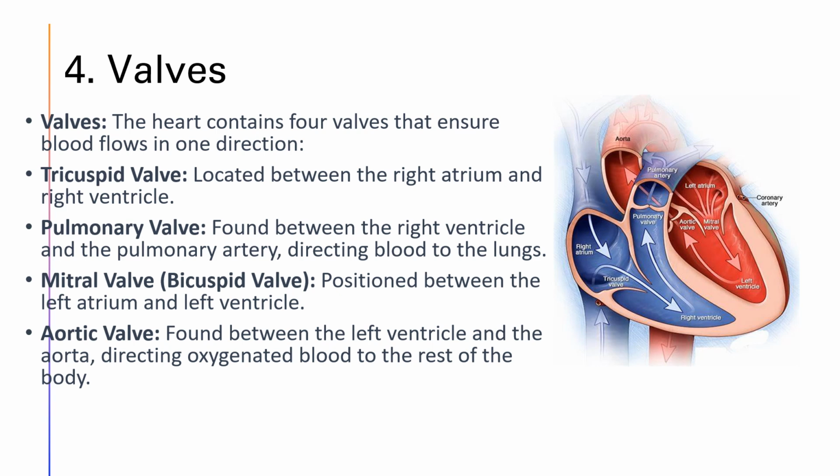Now the tricuspid valve is present between the right atrium and the right ventricle. The bicuspid valve is present between the left atrium and the left ventricle.